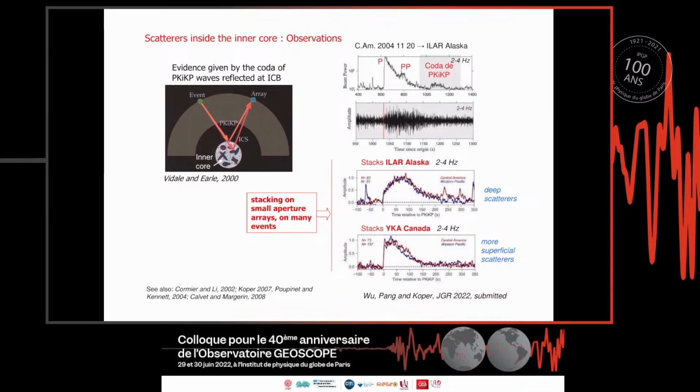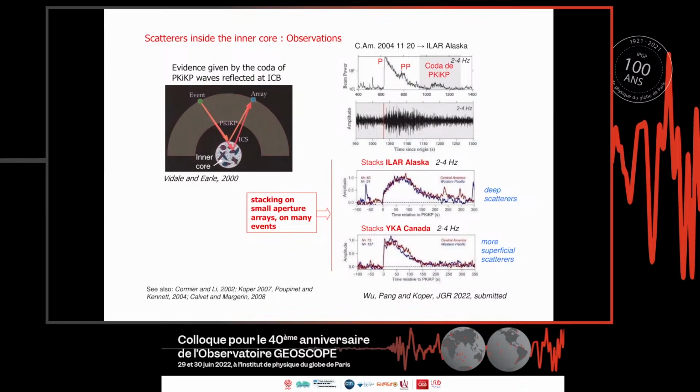What is interesting is that, if you compare these two pictures, you have stacks here for the same array in Alaska, and here for Yellowknife in Canada. Here you have a coda, which is like this spiral tail, which denotes that scatters must be rather deep.